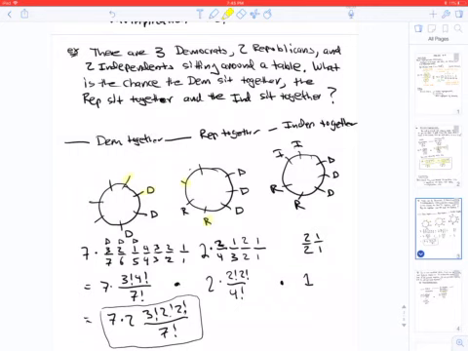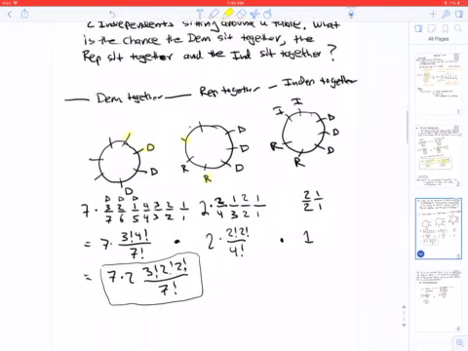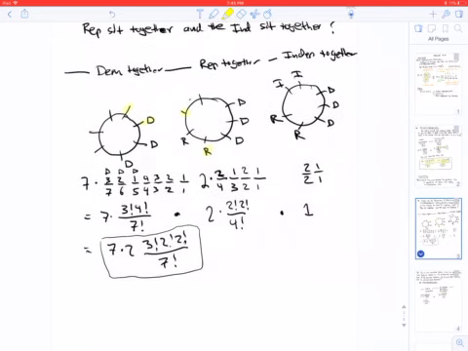The way I'm going to break this problem up is I'm going to first find the chance that the Democrats sit together, and then assuming that the Democrats are sitting together, that the Republicans are sitting together, and then assuming that the Independents are sitting together. So first, for the Democrats sitting together, I'm going to first assume that the Democrats are the first three consecutively in the table.